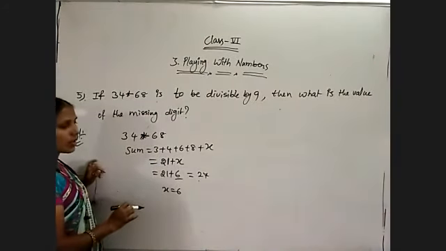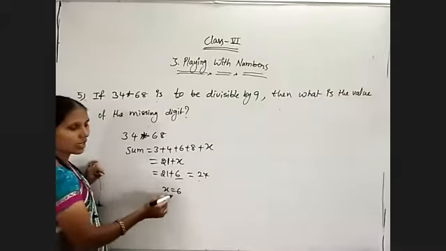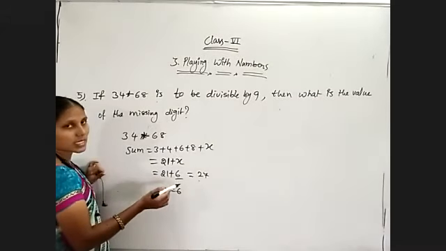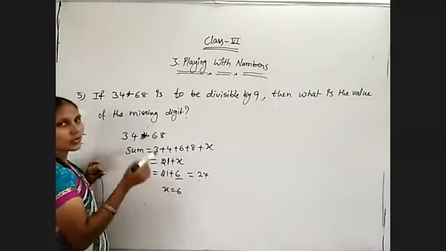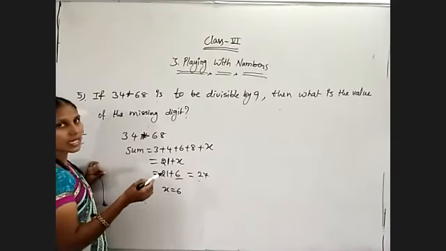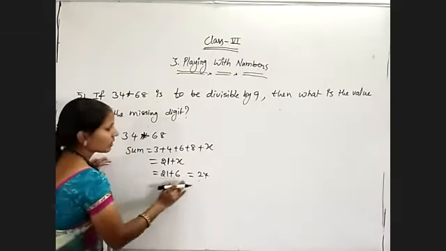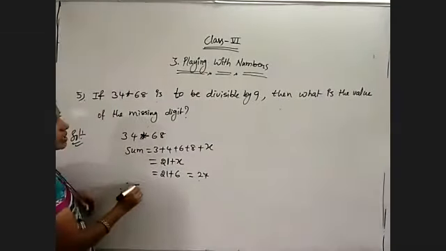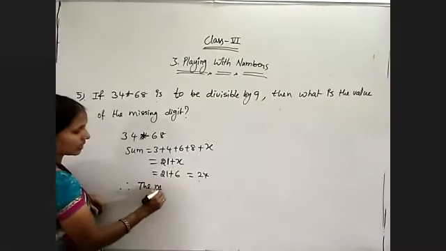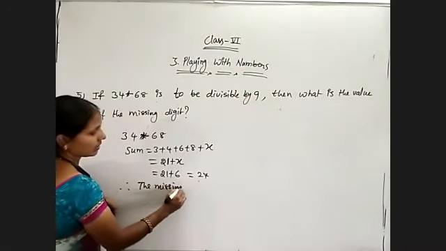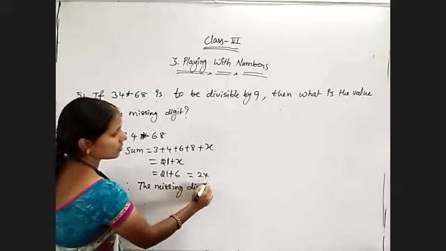And if any other number is possible, just observe: 21 plus 7 gives 28, 21 plus 8, 21 plus 9. Till 21 plus 9, we are not getting any other digit. So therefore, the missing digit is 6.